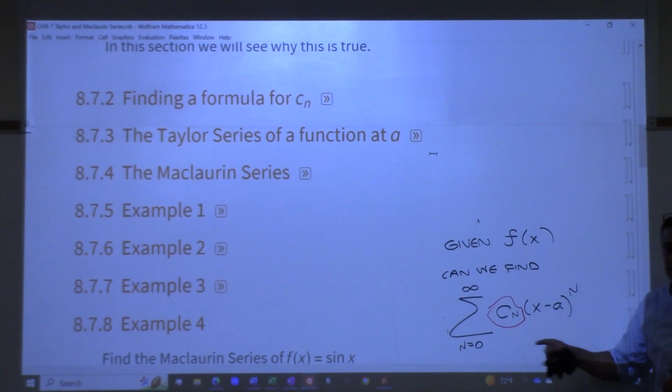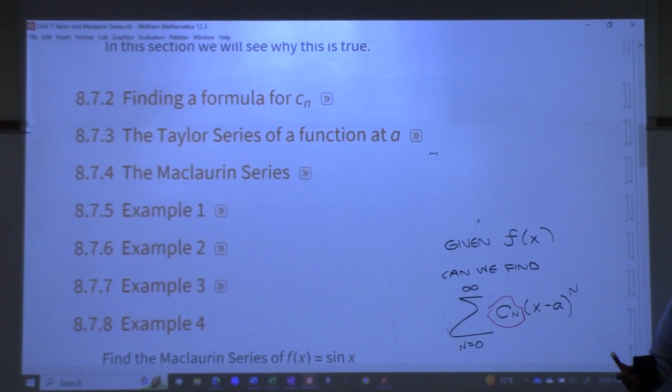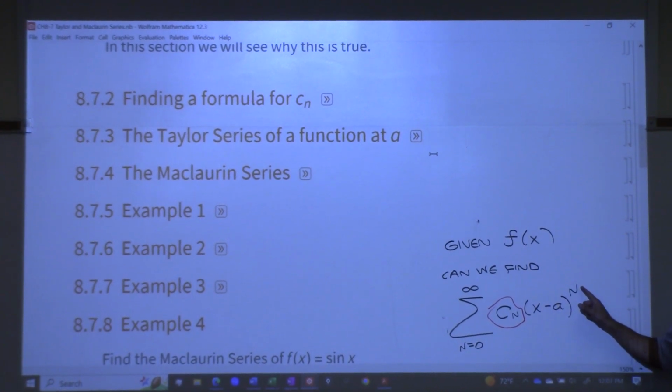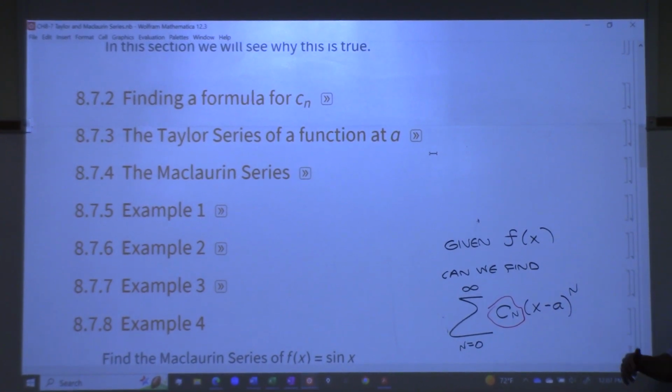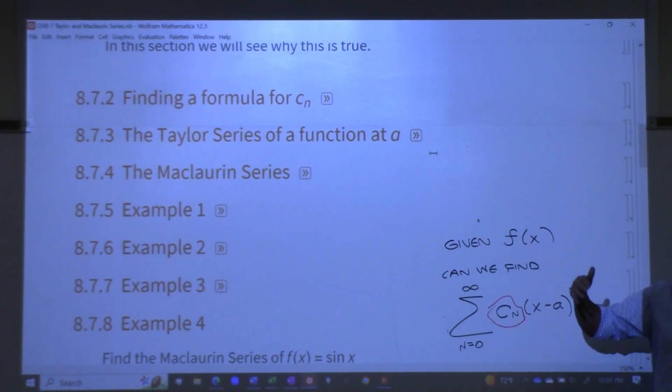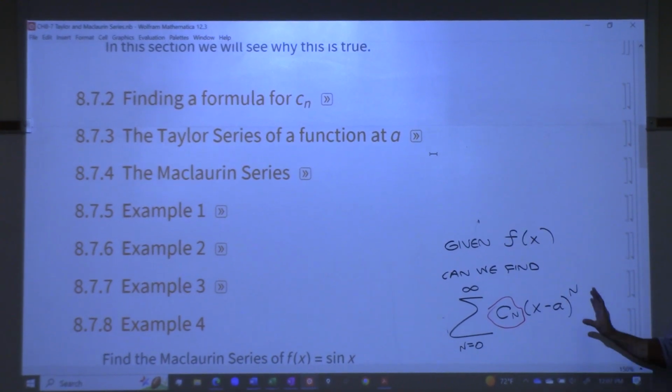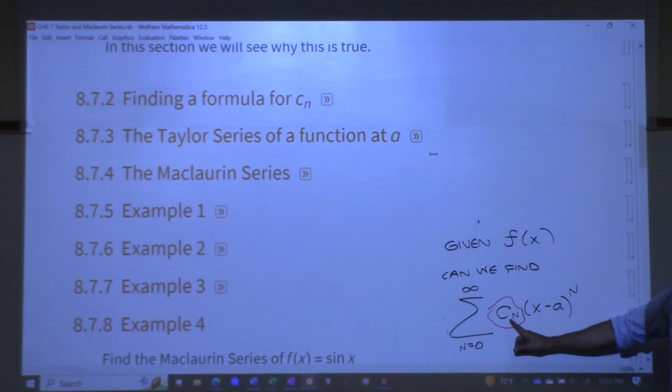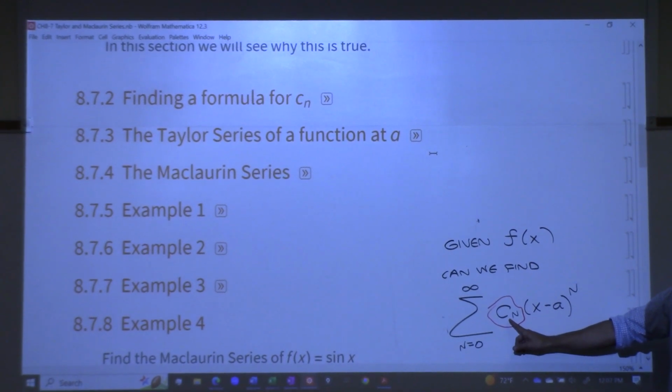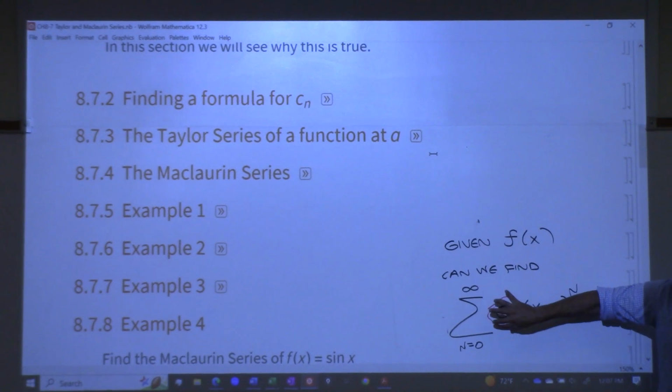The formula that generates those numbers is the thing that makes one power series look different from another. All of them are going to have powers of x. Now, you might only have even powers or odd powers, or maybe all even and odds, or maybe there will be skipping like every 4th power, but they're all going to have powers. You might have zeros in some instances, but this is the thing that controls the entire power series.